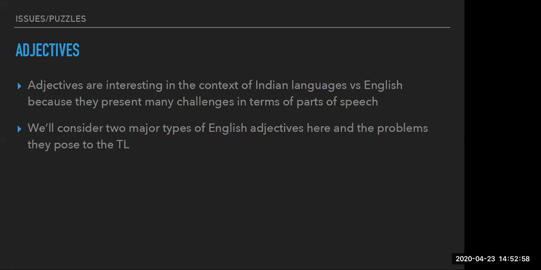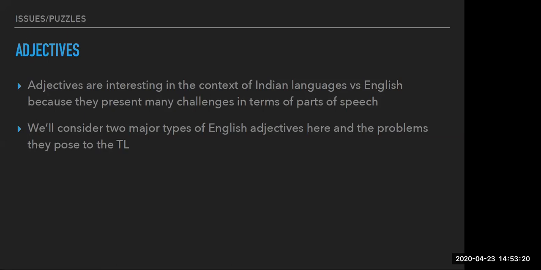So the adjectives are interesting because they present lots of challenges in terms of parts of speech. I think Anjali's talk and Hima's talks both touched on how adjectives can be analyzed, and the complications that are involved in adjectives.